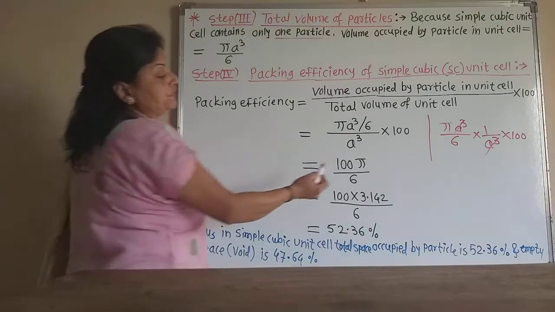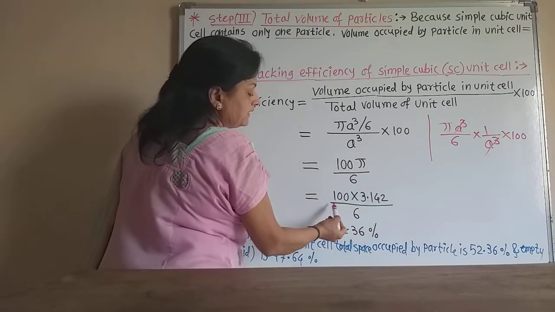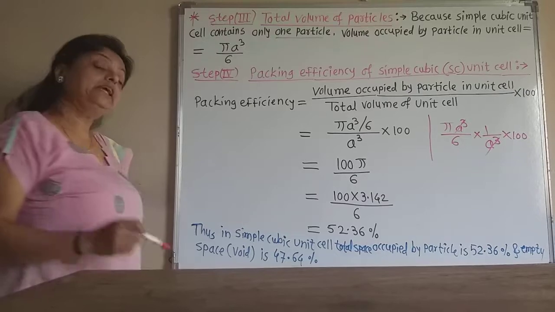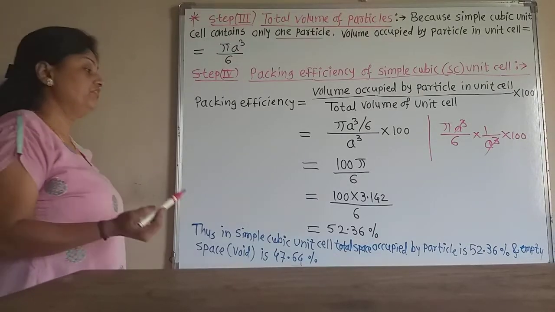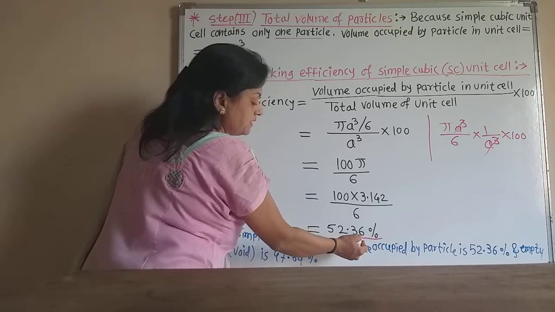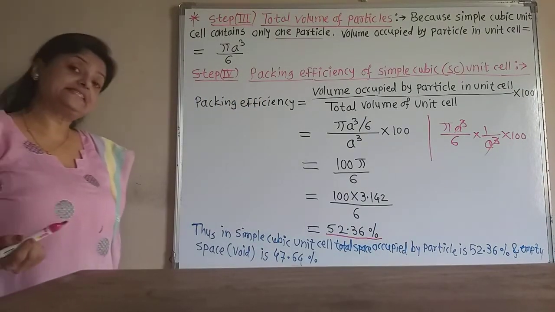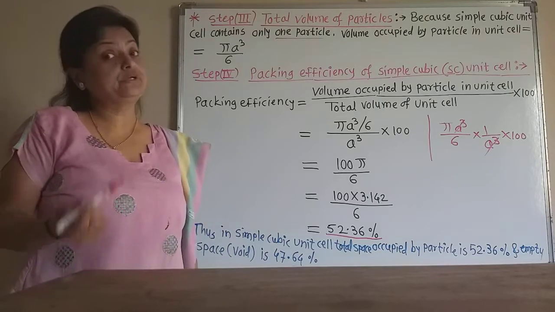If we substitute the value of pi here, 100 into 3.142 divided by 6, and if we calculate this, the value comes to 52.36%. Now this is the packing efficiency of the simple cubic unit cell.